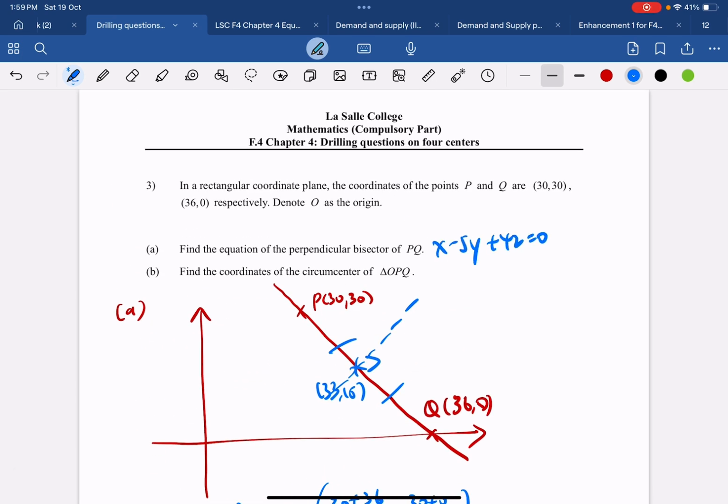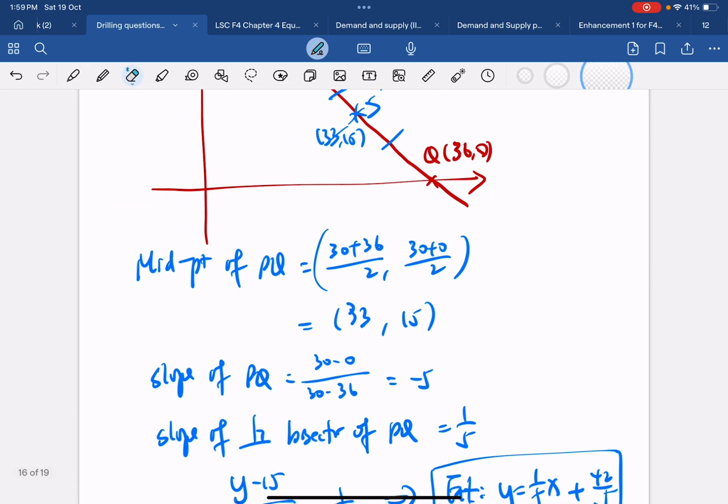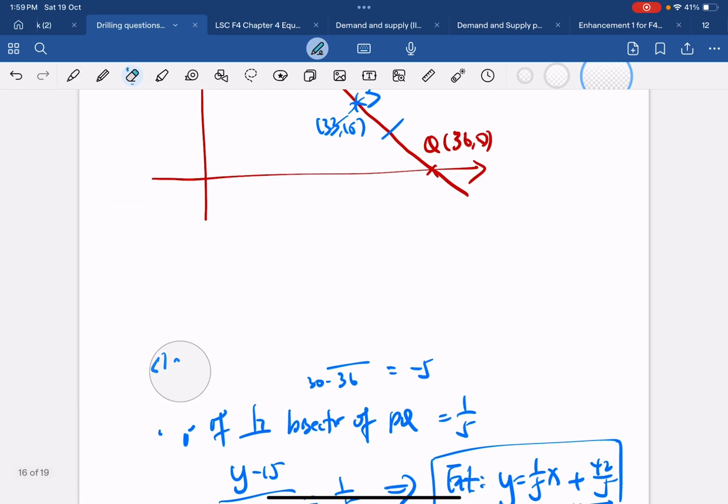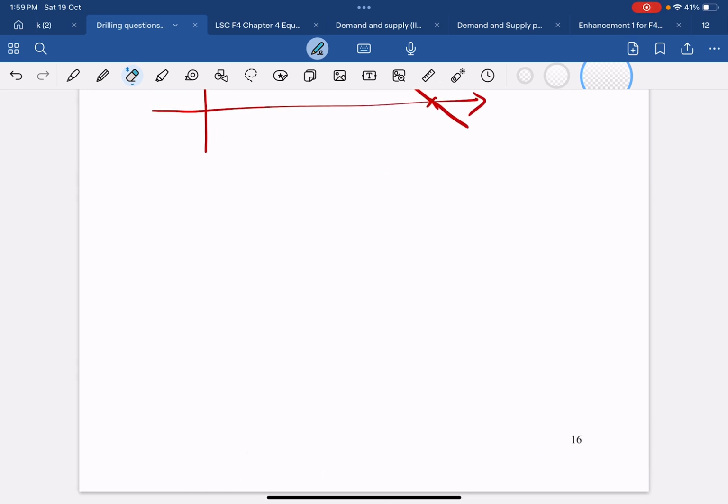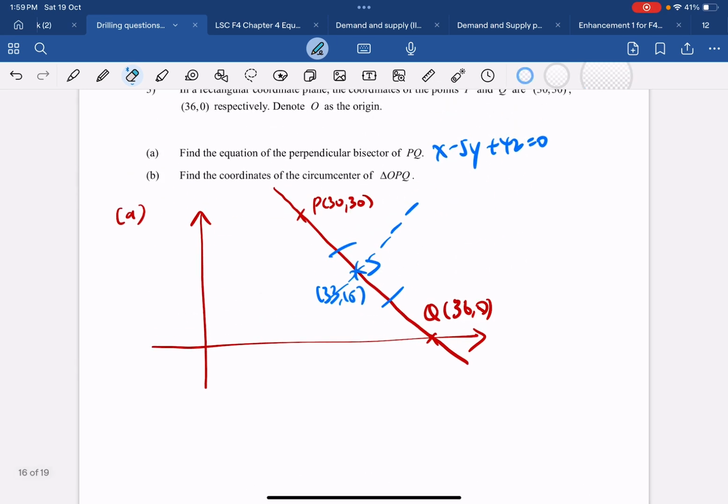Okay, and then let's see part B. First, similar to the previous question that I demonstrated, find the coordinate of the circumcentre of OPQ. So again, O is our origin, which means the triangle is something like this.